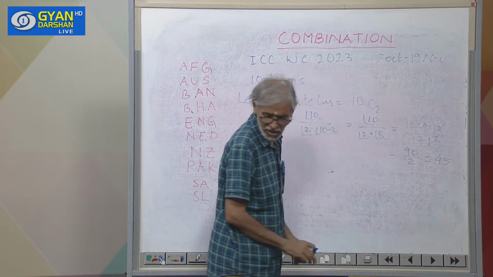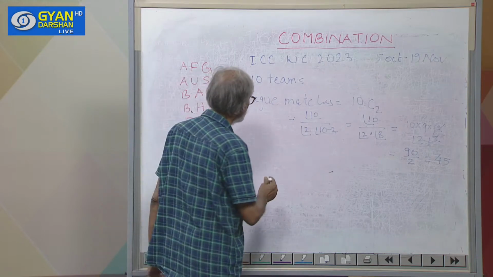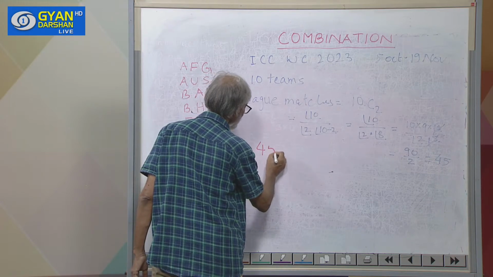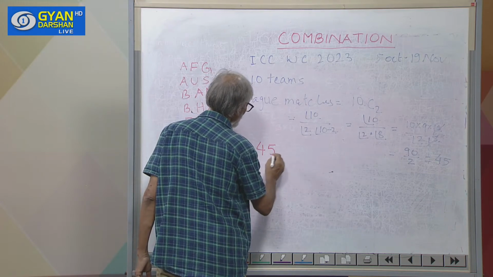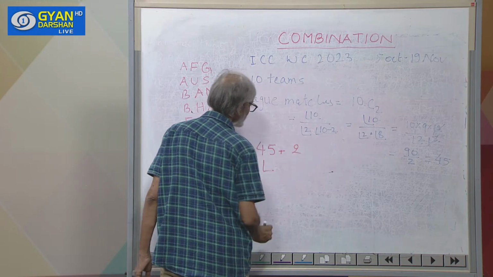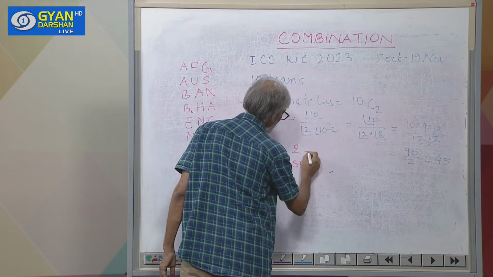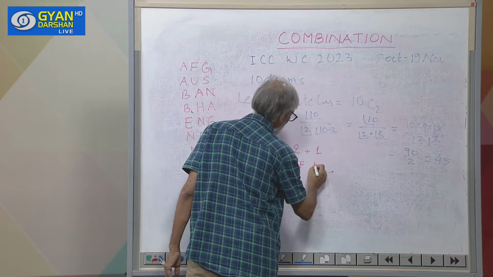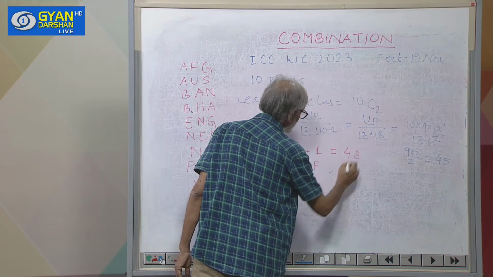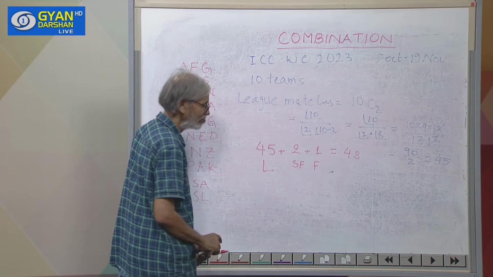So, there are 45 league matches to be played, but the total number of matches is 45 league matches plus 2 semi-finals plus 1 final. So, there are 48 matches to be played.